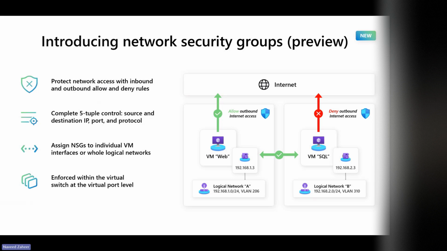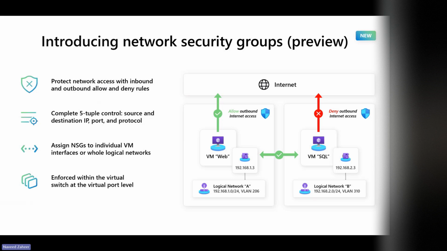I'm sure everybody here is familiar with network security groups. They are a kind of network ACLing, which allows you to control inbound and egress traffic from a subnet. Now you can use it in logical networks, which are the virtual network counterpart in Azure Local, and control traffic.